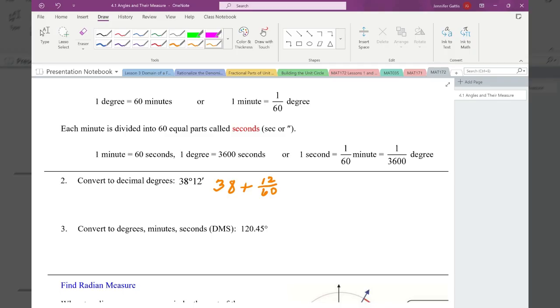And when we get out our handy dandy calculator, we can discover that 12 over 60 is the same as the decimal 0.2. So this would be equal to 38.2 degrees.